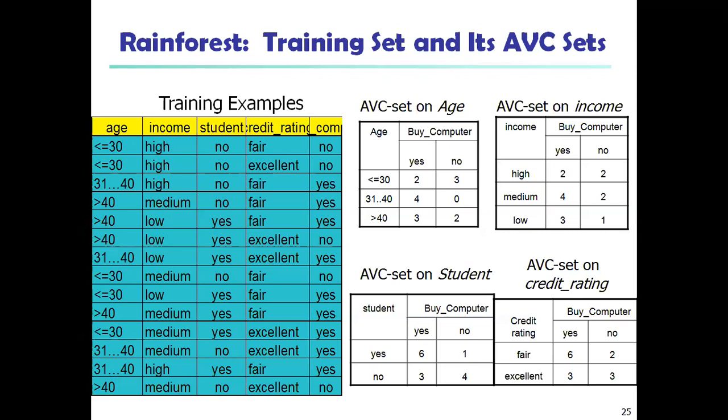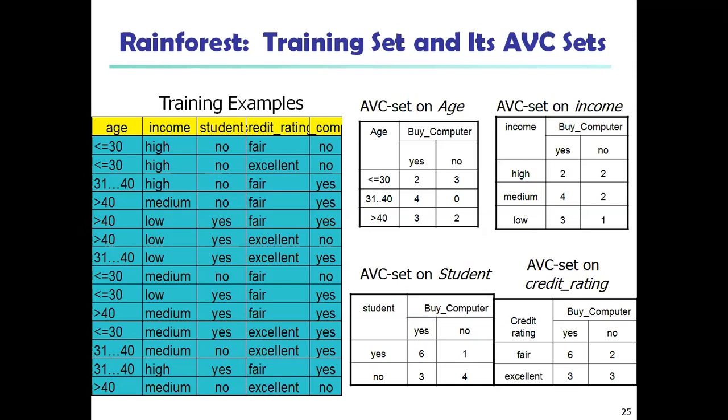Similarly, student is yes or no. Total students are 7. Out of 7, 6 people buy the computer, 1 person does not. If the student is no, 3 people buy the computer and 4 people do not. AVC set on credit rating: fair and excellent, these are the 2 attribute values.